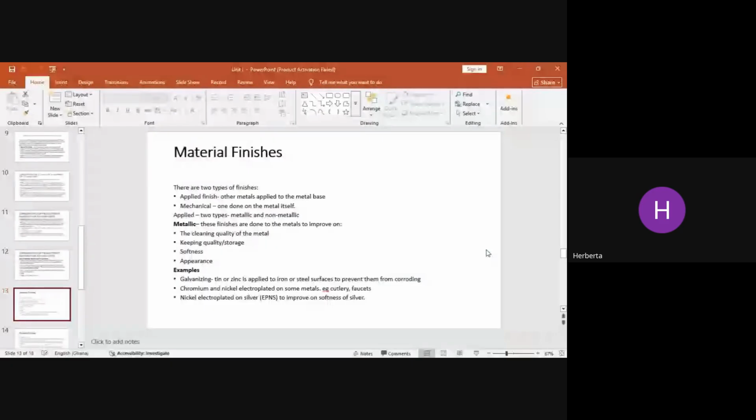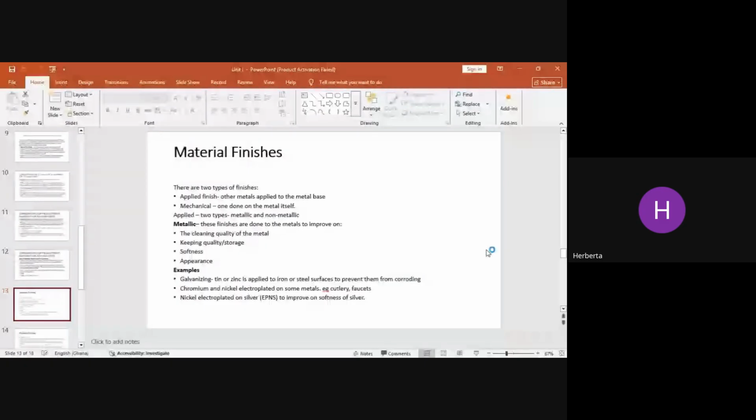Something like copper normally reacts with oxygen and rusts easily. So in order to make it last longer, maybe stainless steel will be used to cover it, so that the stainless steel will be a protector for the copper. So for the applied finish, another metal is put on the original metal.